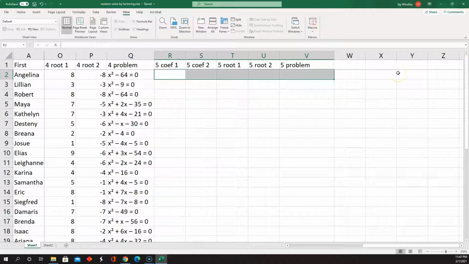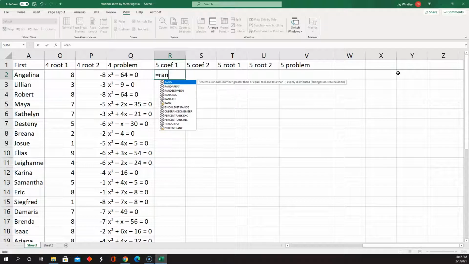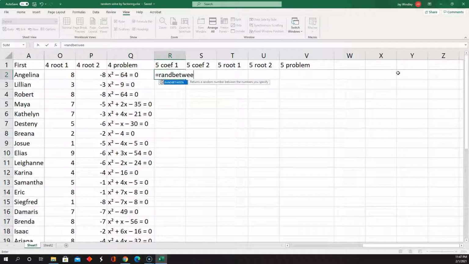Okay, so now what I want to do is pick 2 numbers for each factor. I want factors that look like 2x plus 3 and 3x minus 4, for example. But to keep this simple, I'm going to write a rand between statement, making sure that this first coefficient is always 2.